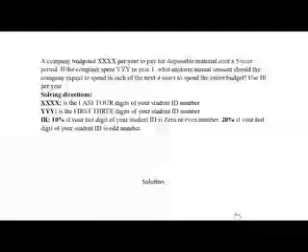When it says a company budgeted an amount per year, what does the word per year tell you? The word per year. Yes, right, excellent. You can use the mic if you want.